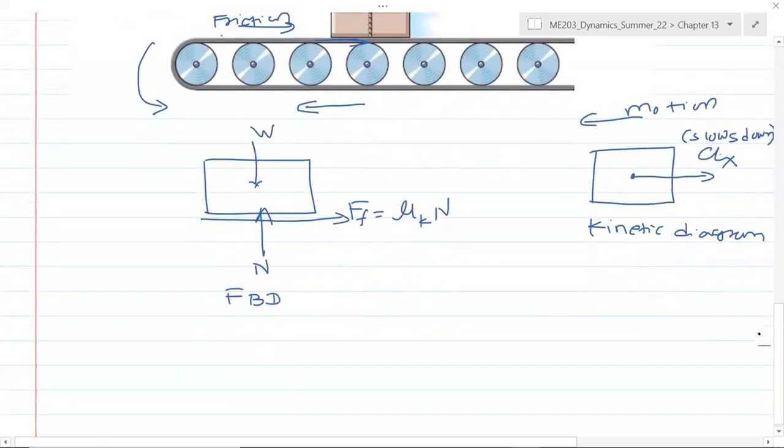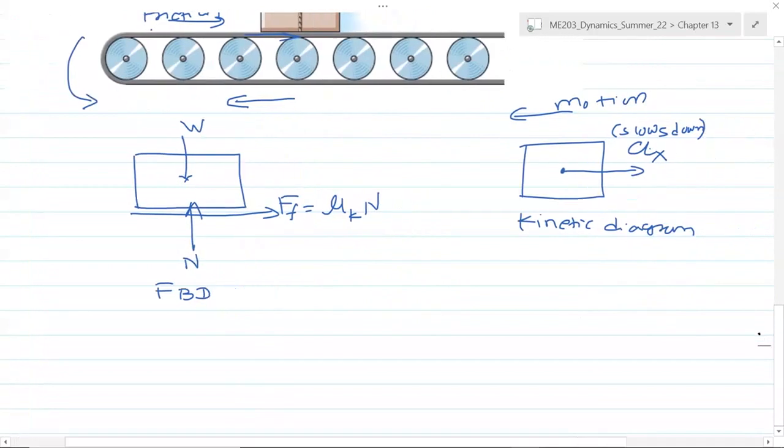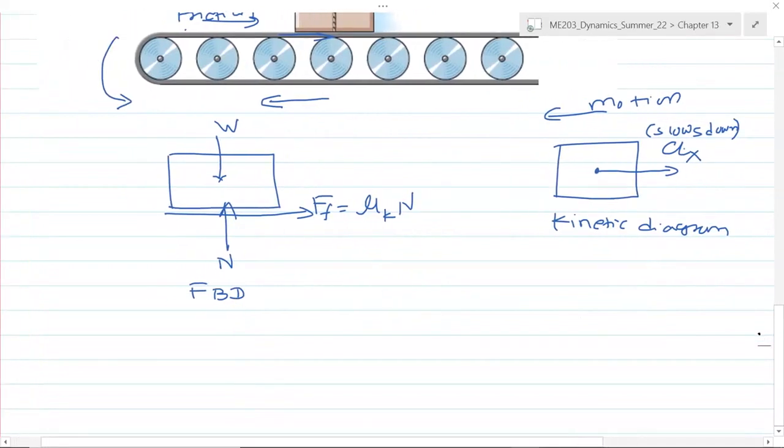So we have drawn both the free body diagram and kinetic diagram, and now it's time to apply the equations of motion. The sum of forces in y direction equals m times y acceleration. Going up is positive. There is no y acceleration of the block; the block does not move in the vertical direction, so this is 0. And this force is normal minus w.